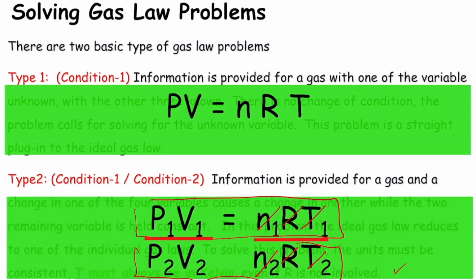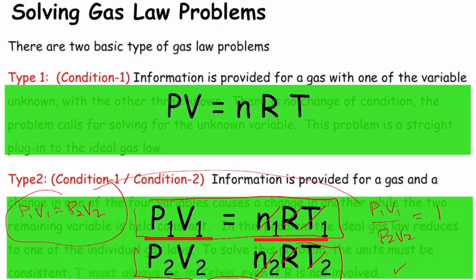So what you have is P1 V1 over P2 V2 equals 1. When things cancel, they don't go to 0. They equal 1. So this is equal to P1 V1 equals P2 V2. That right there is nothing more than Boyle's law.